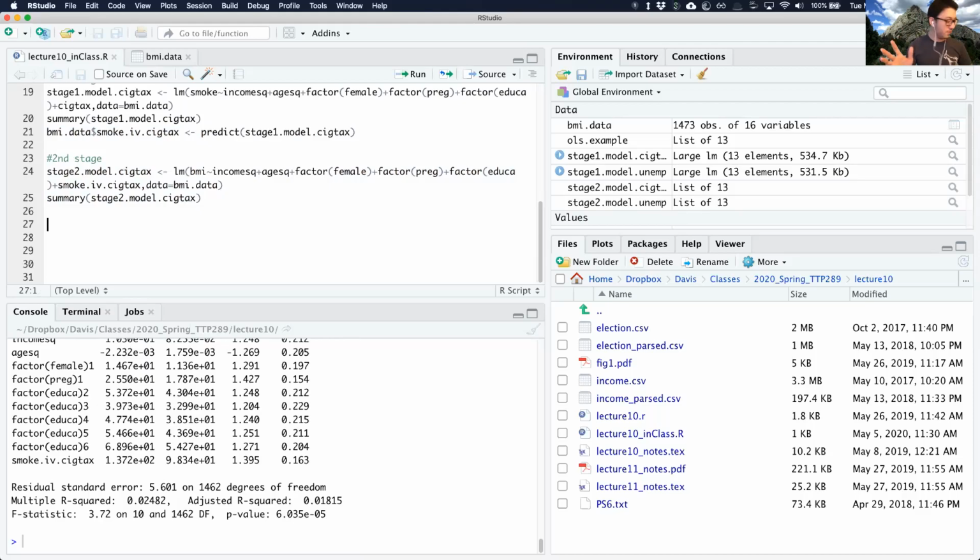Okay, there's one really important point that I glossed over, which is that the standard errors in your second stage, if you do it manually like this, are not correct.